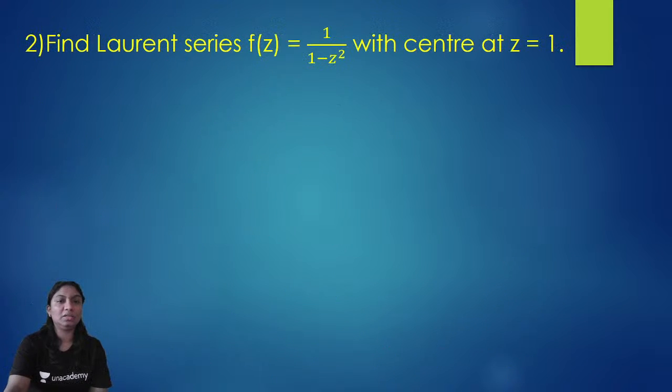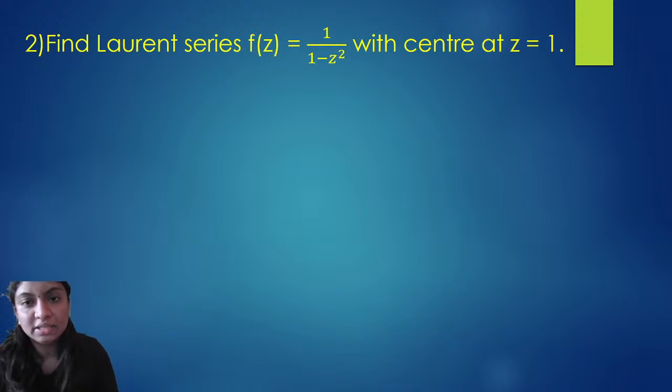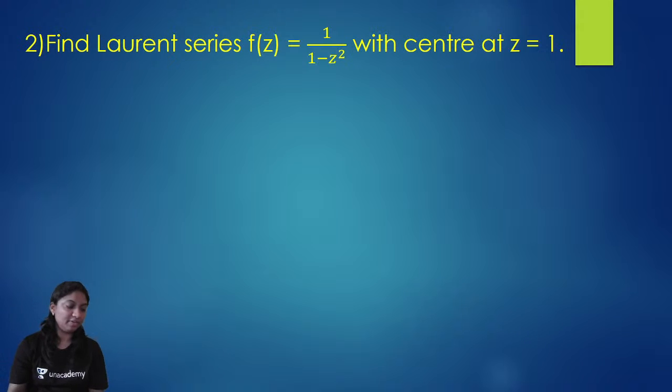I hope this is clearly understood. Now find the Laurent series of f of z is equal to 1 upon 1 minus z square with the center at z equal to 1.